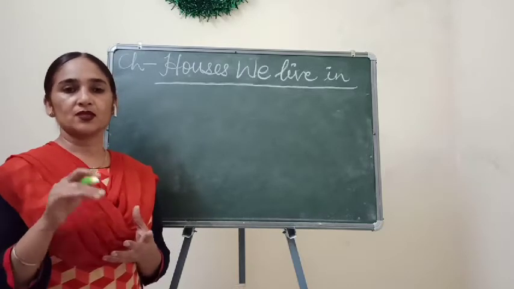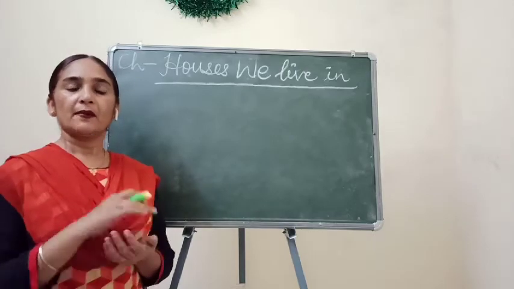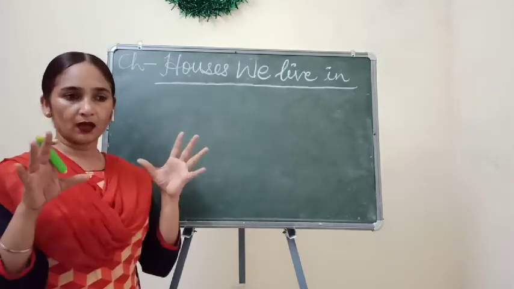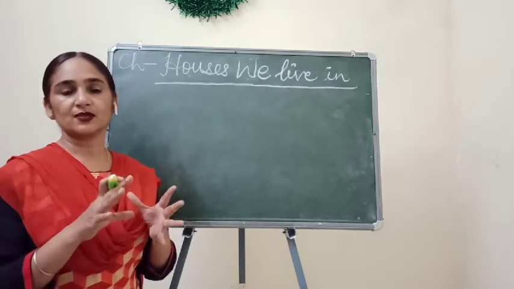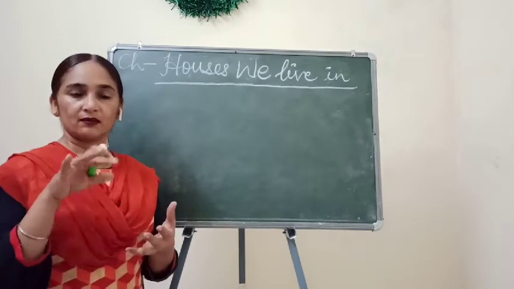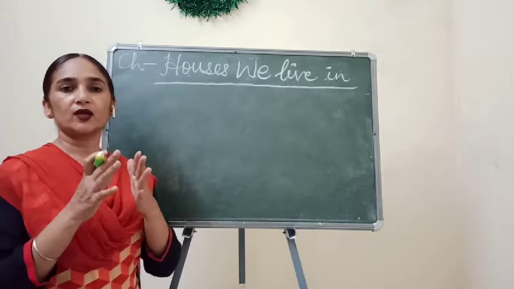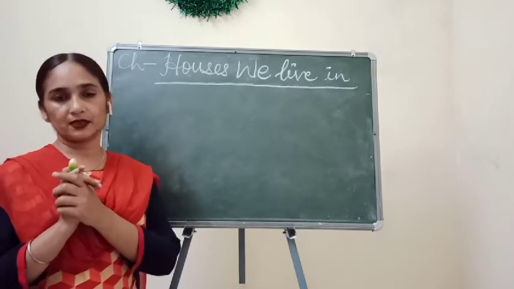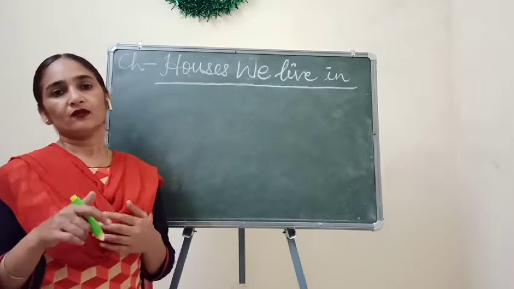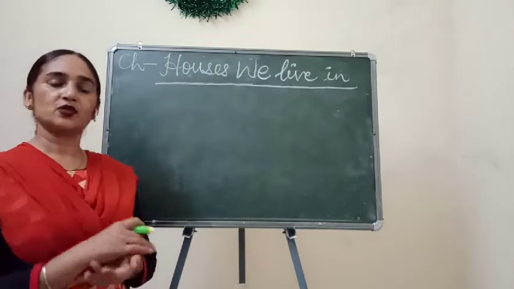Some pictures are given in your book, but other than the book I will show you enlarged pictures which I have collected from the net, so that you can understand which kind of houses these are. So let's read first, then we will discuss the various types of houses.